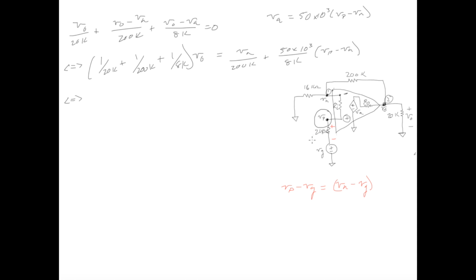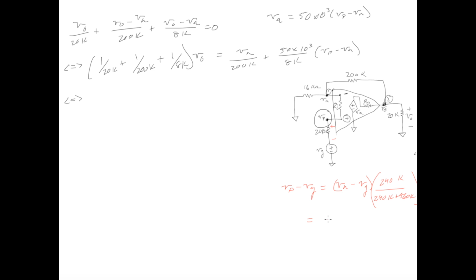It's just going to be 240K, the resistor of interest, divided by 240K plus Ri. So we have 240K over 240K plus, and Ri was equal to 560K.